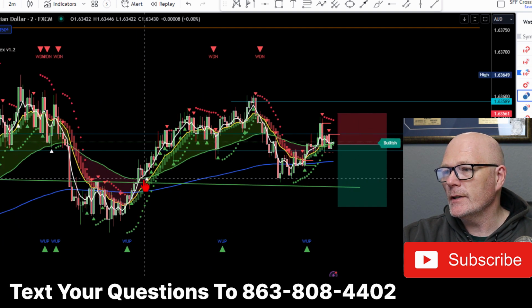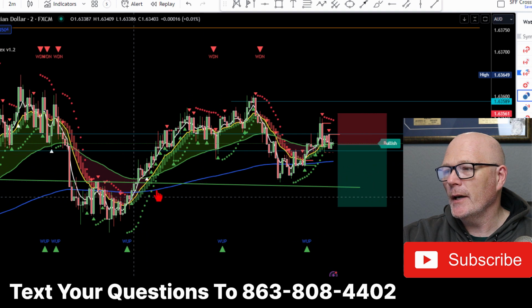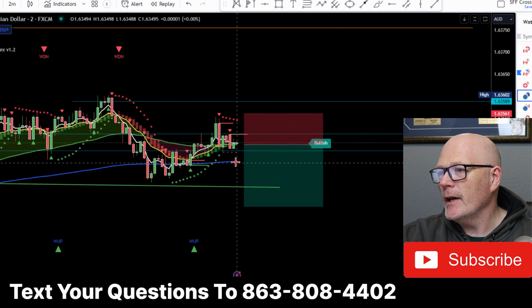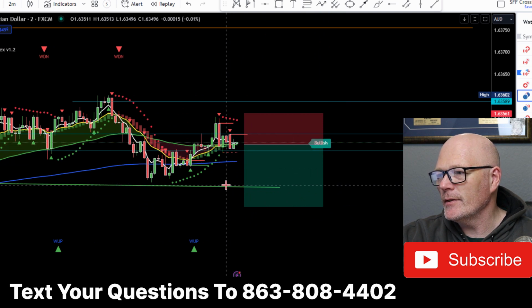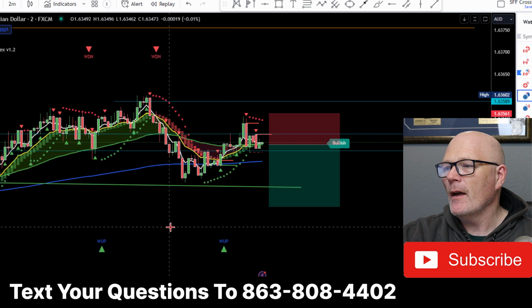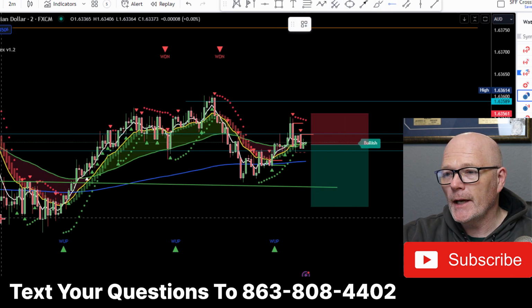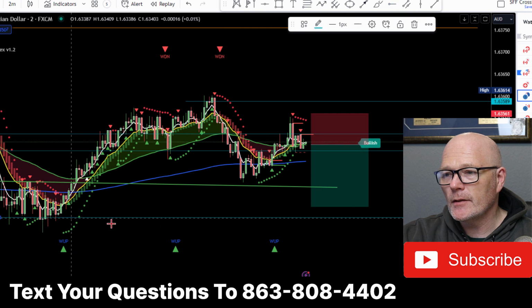However, we've got this price action that comes down. We've got the 200 moving average, so you're going to find resistance at the 200 moving average. You're going to find resistance around this area here, and then potentially it could well go down to these areas around here.